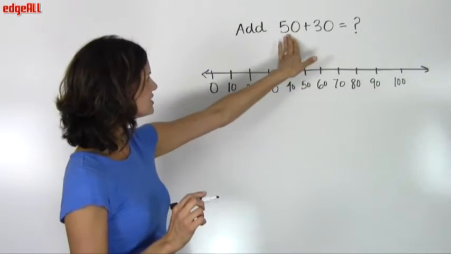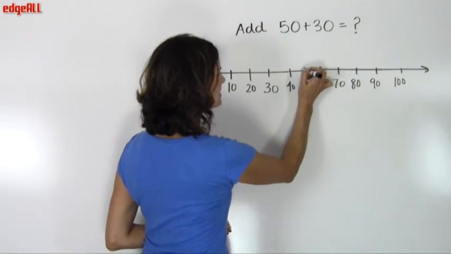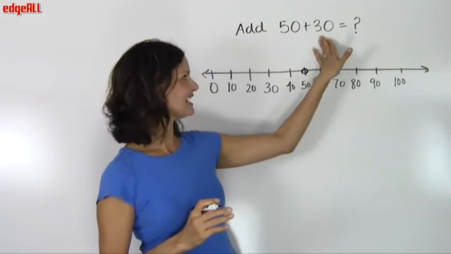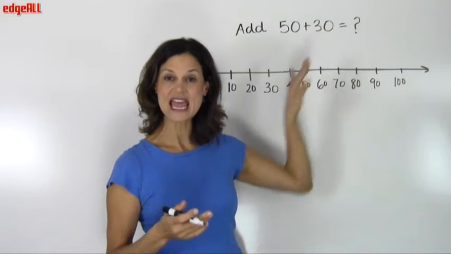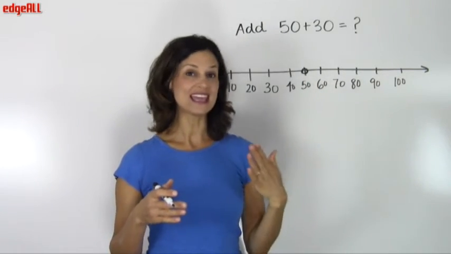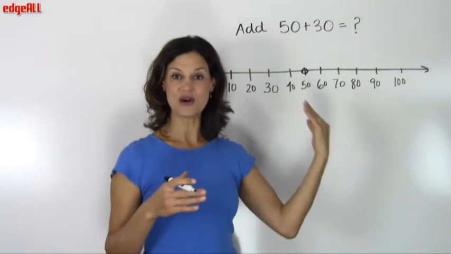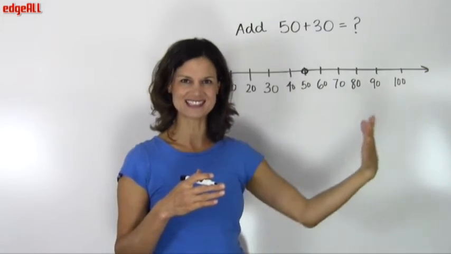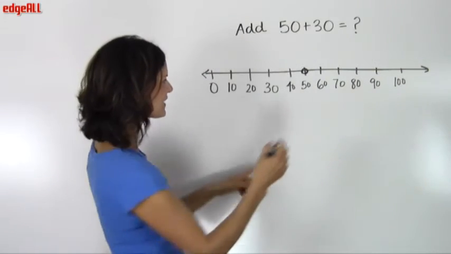So we're going to start at the 50. We'll make a mark here on our 50. Since the 30 that we need to add is 3 tens, we can add 30 to our 50 by simply moving 3 spaces to the right from 50.